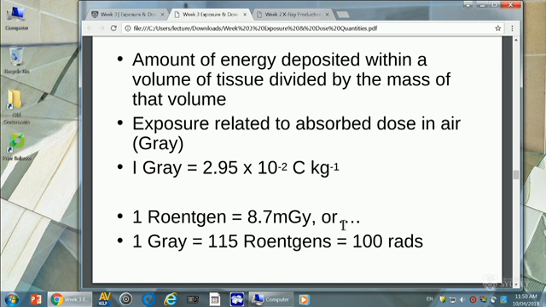If a REM is 1/100th of a sievert, how many millisieverts are in a REM? Yes, 10.